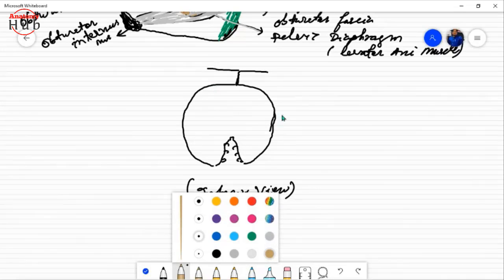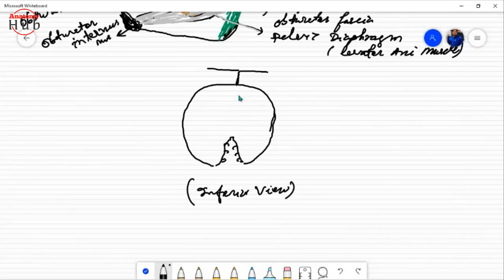Before going to this levator ani, as you know, at this point you'll find the presence of your perineal body over here at the center. Okay, just I'll erase this one. So the perineal body will be at the center at this point, right?